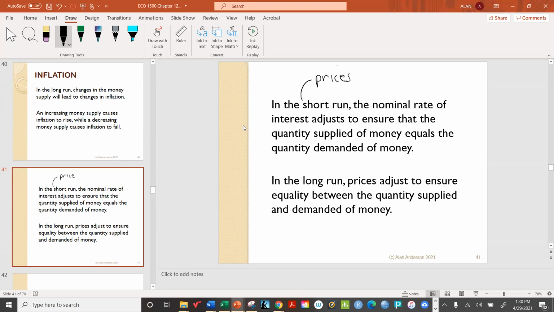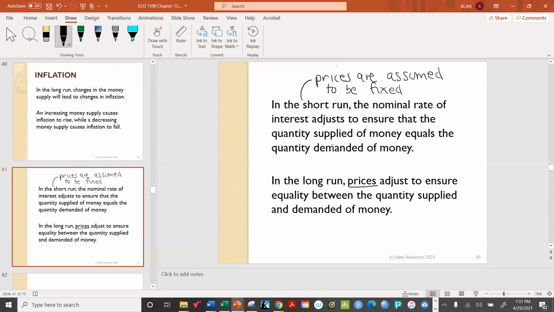So inflation, according to this assumption, is a long-term effect. In the long run, prices will adjust to maintain equilibrium in the money market.